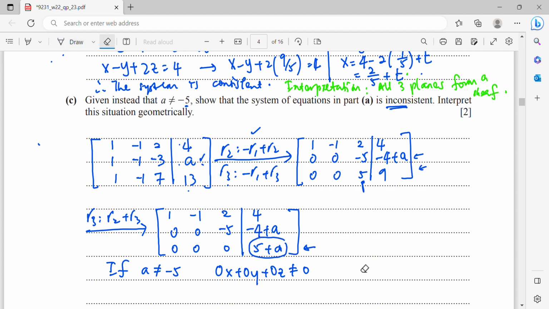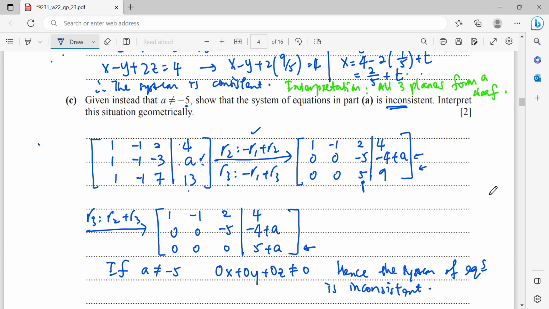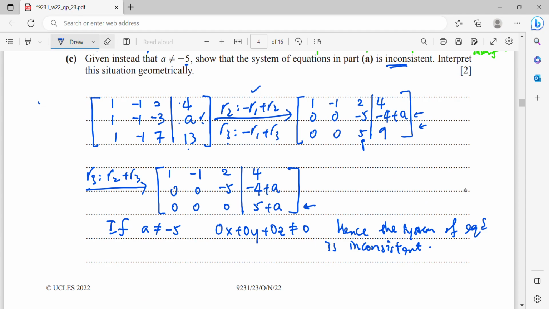This is impossible because the left-hand side is already 0 and the right-hand side is not 0. Therefore, we write: hence the system of equations is inconsistent. Inconsistent means that we don't get any solution.